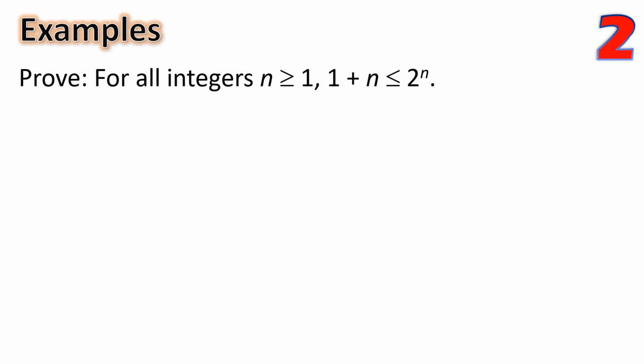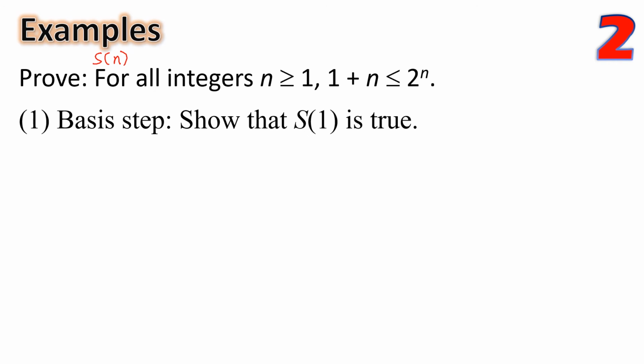Let us have another example. Prove for all integers n greater than or equal to 1, 1 plus n is less than or equal to 2 raised to n. This is for all integers n greater than or equal to 1. That is our statement, S of n. Our basis step will be to show that S of 1 is true.